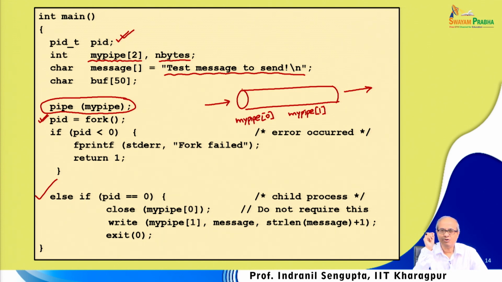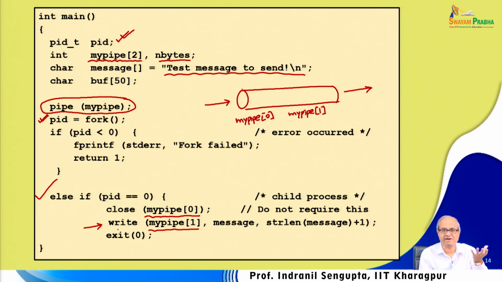As I said, to write, you will have to write into mypipe 0, write into mypipe 1, read from mypipe 0. So, what the child is doing? It is closing mypipe 0, because it is not requiring mypipe 0. So, it is writing into mypipe 1. Write is a function call again, using which you can write into a file.